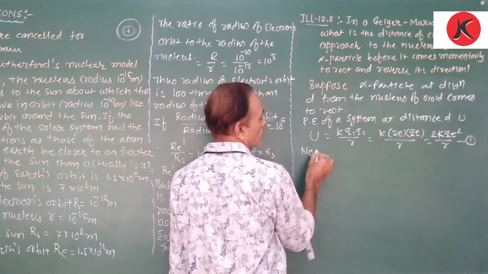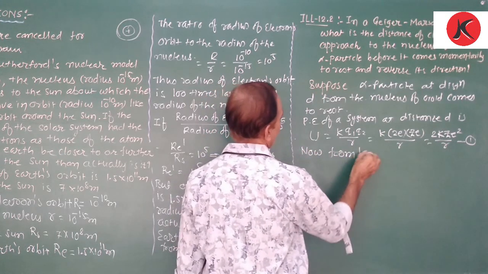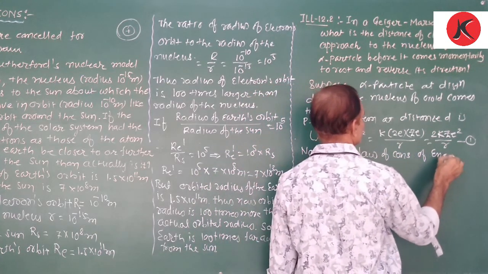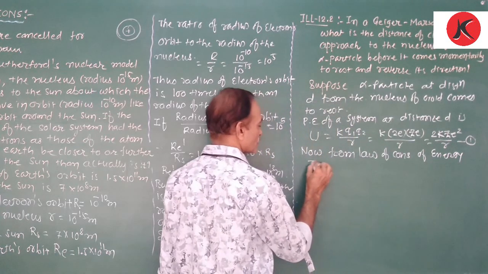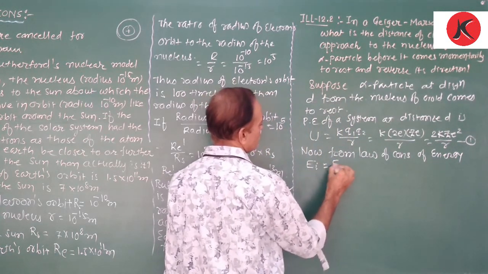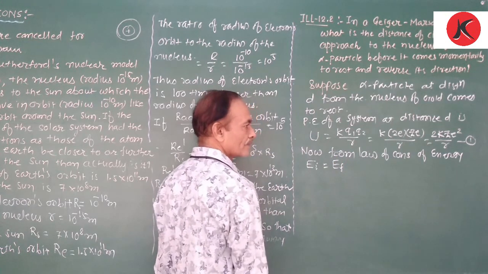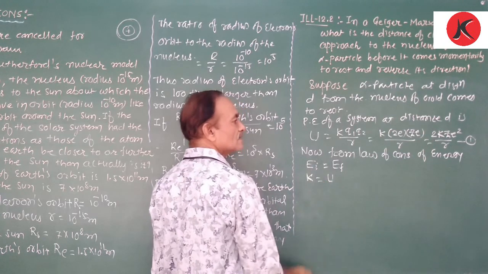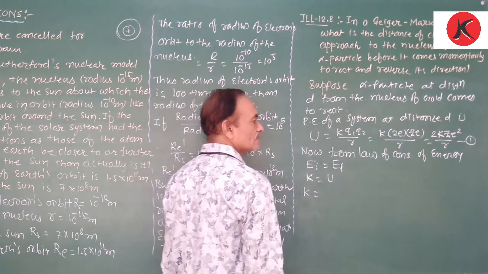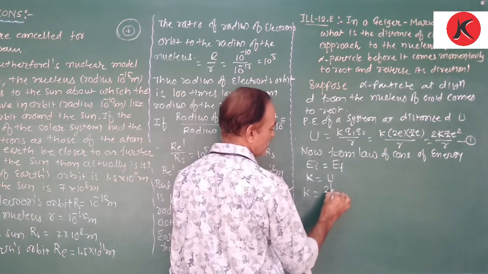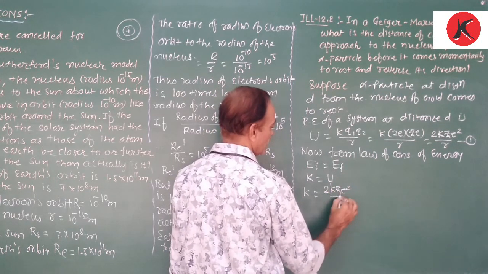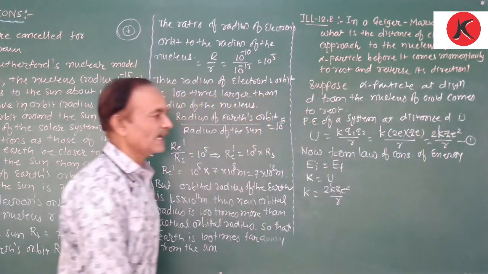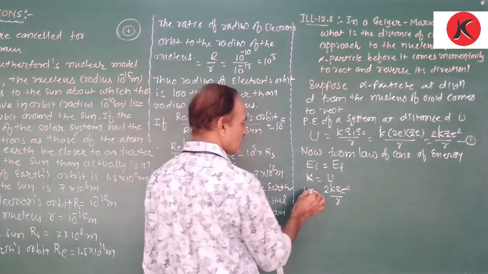Now, from the law of conservation of energy, the initial total energy of the alpha particle is equal to the final energy. Therefore, kinetic energy is equal to potential energy. The kinetic energy is already given, and the potential energy is 2kZe² / r. Here k is Coulomb's constant, 9 × 10^9. Here K is the kinetic energy.